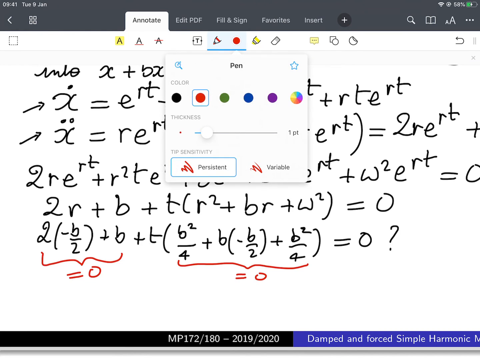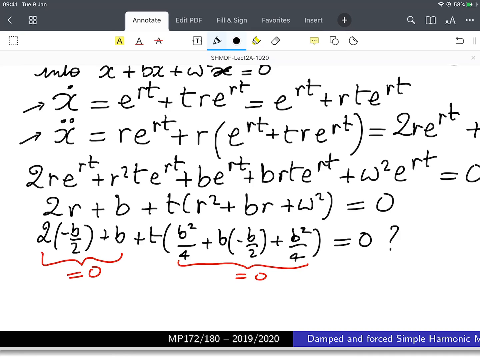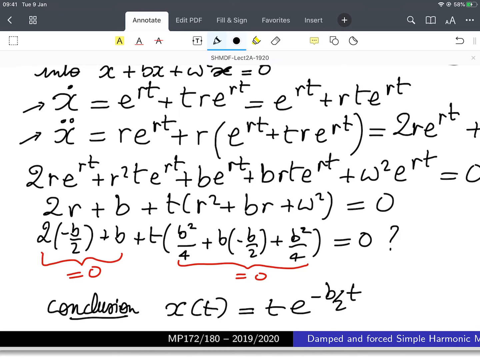So the conclusion is that x equals t exponential minus b over 2 t is also a solution.